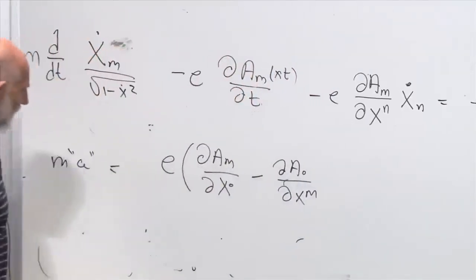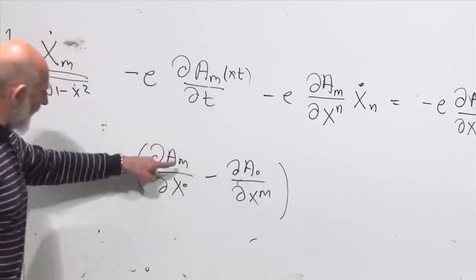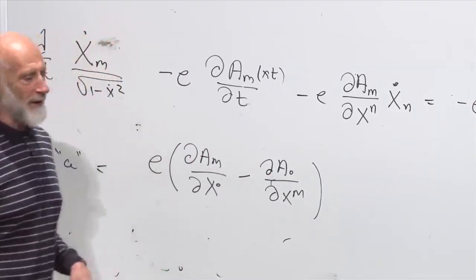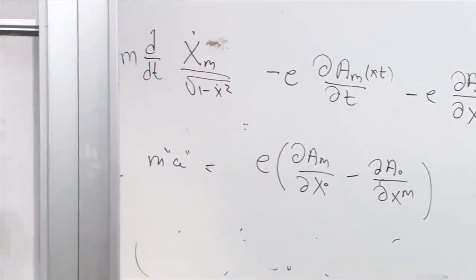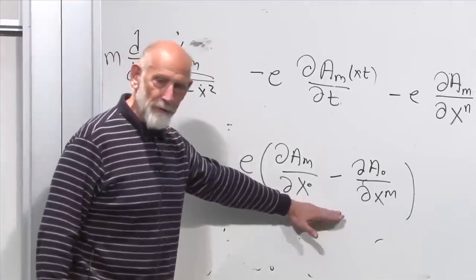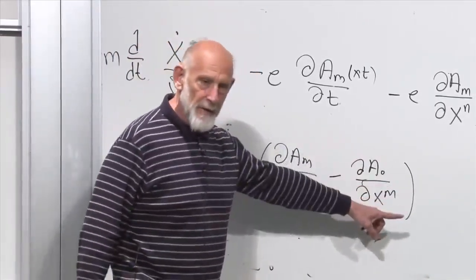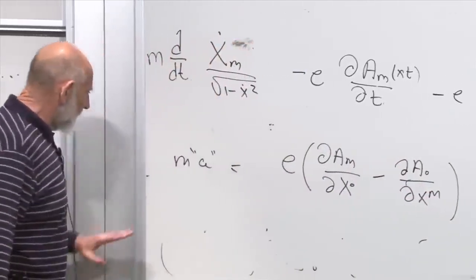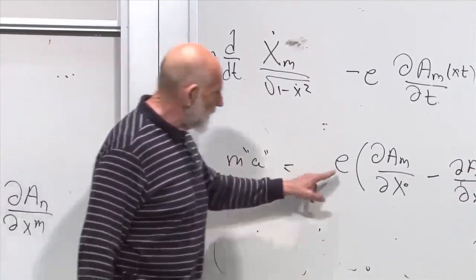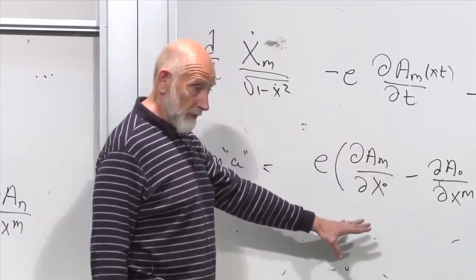Notice the nice symmetry here. It has dAm by dx naught, and it has dA naught by dxm with a minus sign. Obviously, this thing wants to be the electric field. It has no velocity in this term. So if there's any sense to all of this, this must mean mass times acceleration is electric charge times electric field.